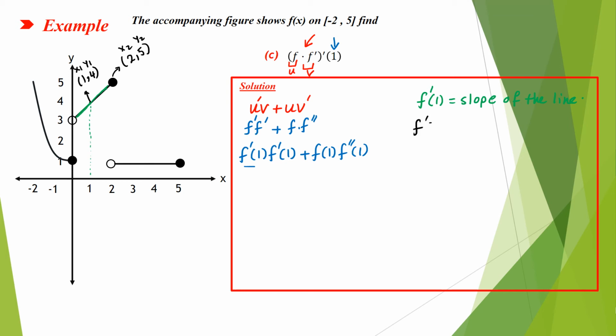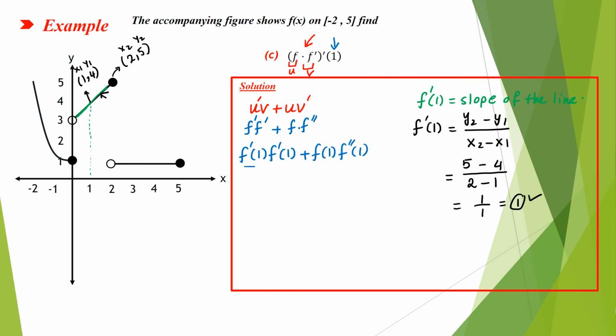So f prime of 1 equals y2 minus y1 divided by x2 minus x1, and y2 equals 5 minus y1 equals 4, divided by x2 minus x1, which is 2 minus 1. So we have 1 divided by 1, and this equals 1. So f prime of 1 is the same as the slope of the line here.